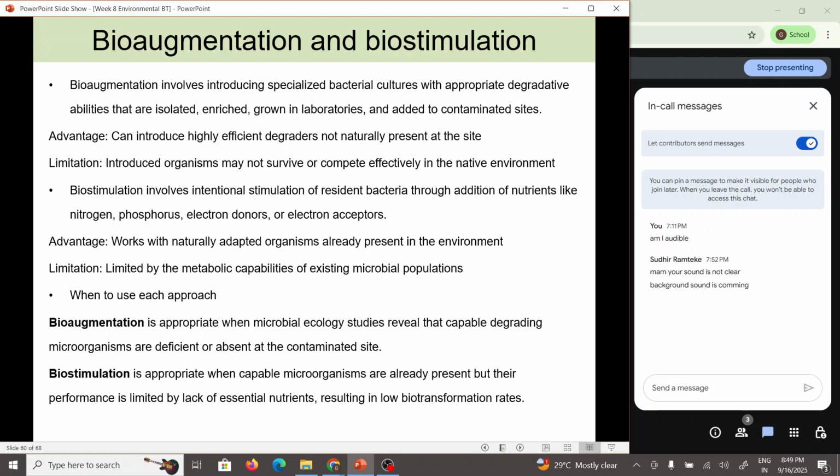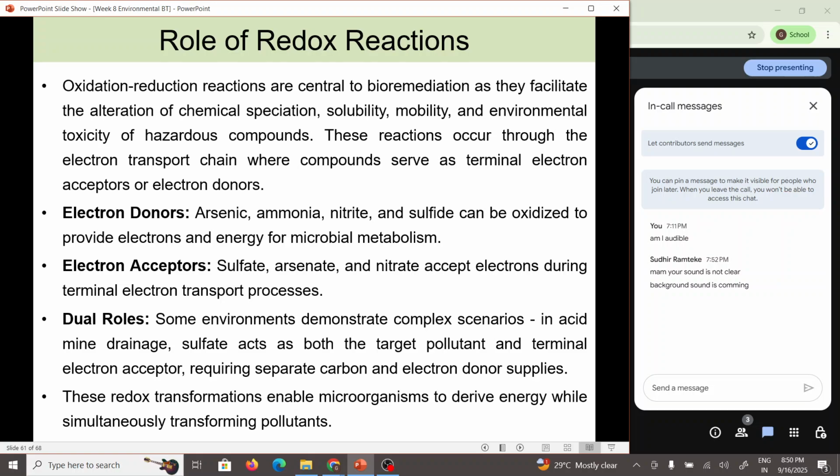Let's say we have a group of players who will be playing a match. If the team is deficient of nutrients, we will be supplying food to the players. That is biostimulation. But if the players themselves are not capable of playing the particular sport, we will replace the players with other well-trained players. That is called bioaugmentation.